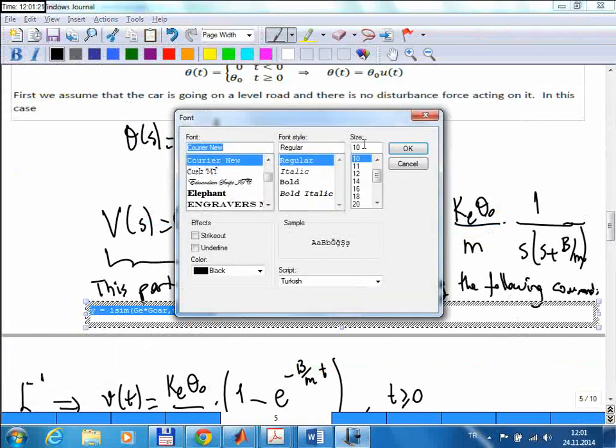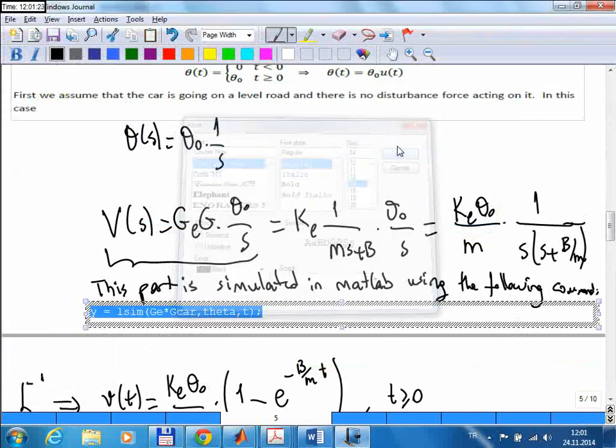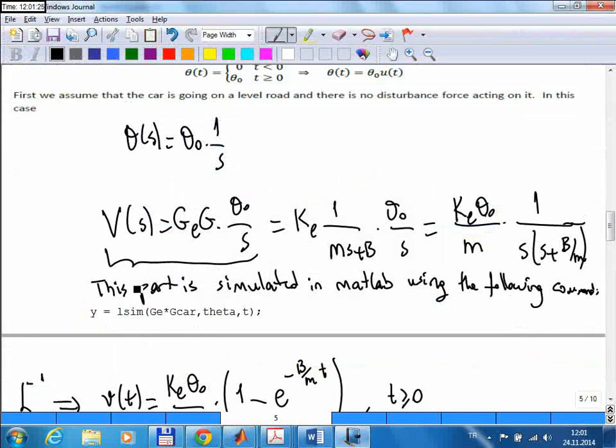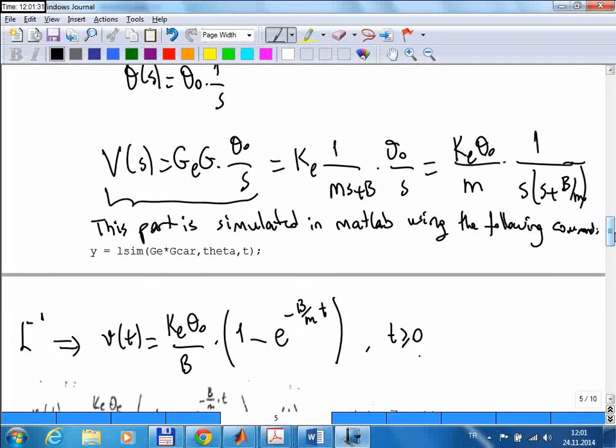So let me make this bigger. So this theta is for the input we applied. So this is equal to that.